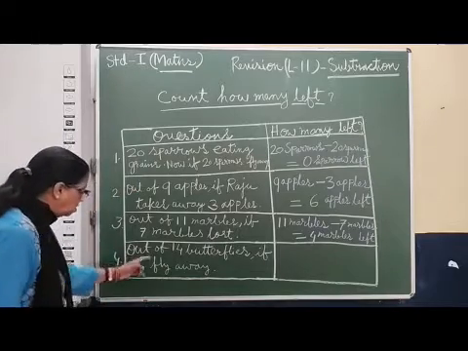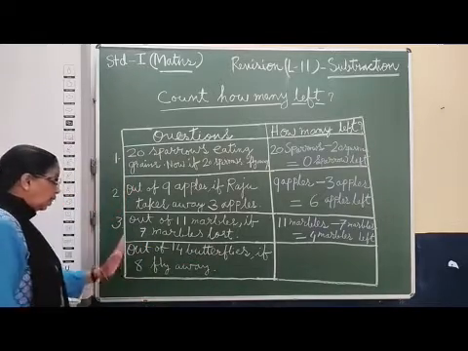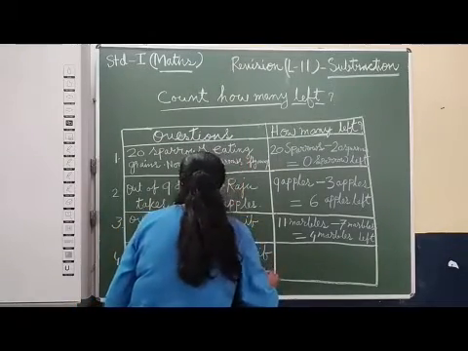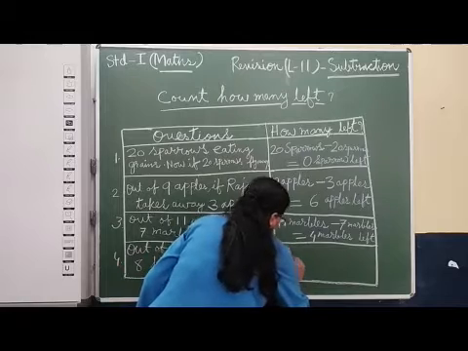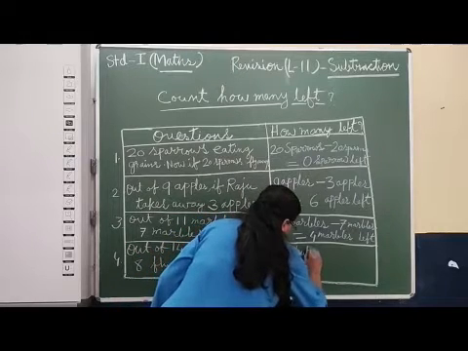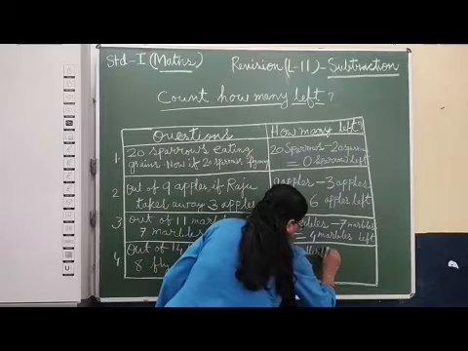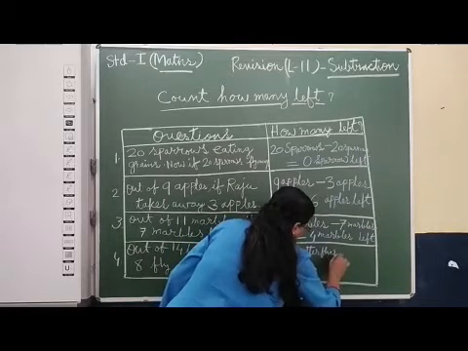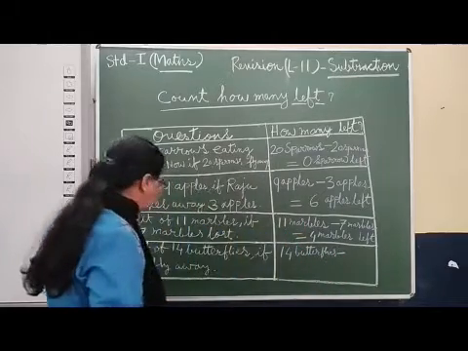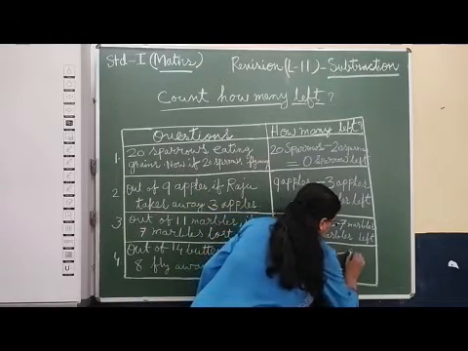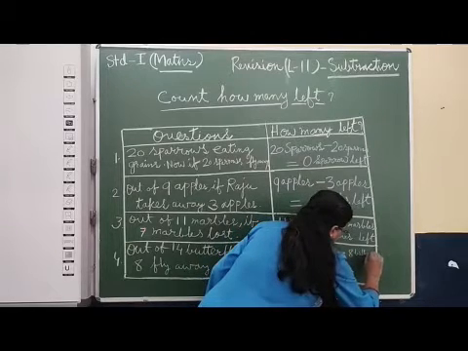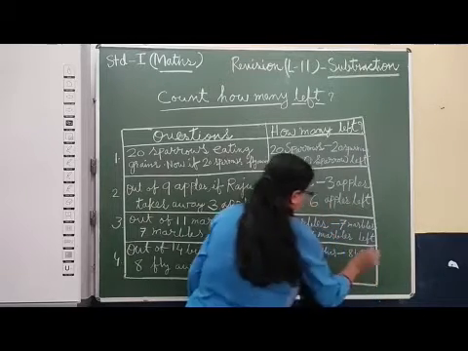Number 4. Out of 14 butterflies, if 8 fly away. Again, write a proper statement. 14 total butterflies, minus how many fly away? 8 butterflies fly away.